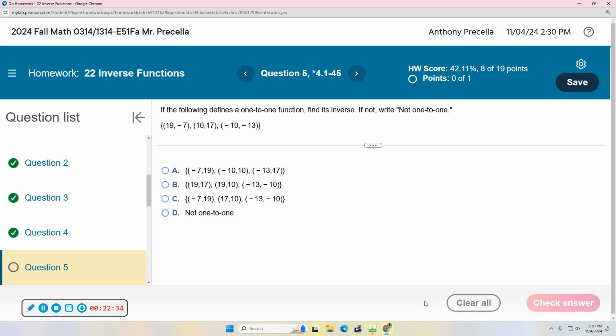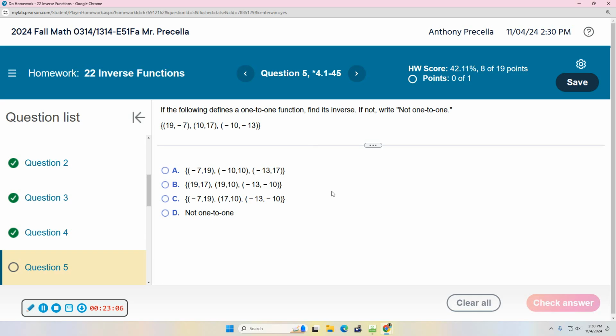So looking at number 5, if it's 1-to-1, find its inverse. If it's not 1-to-1, say not 1-to-1. We better check and see, is this thing 1-to-1? -7, 17. And -13. Look at those y values. Is the function 1-to-1? 1-to-1 means no repeated y values. Is this function 1-to-1?